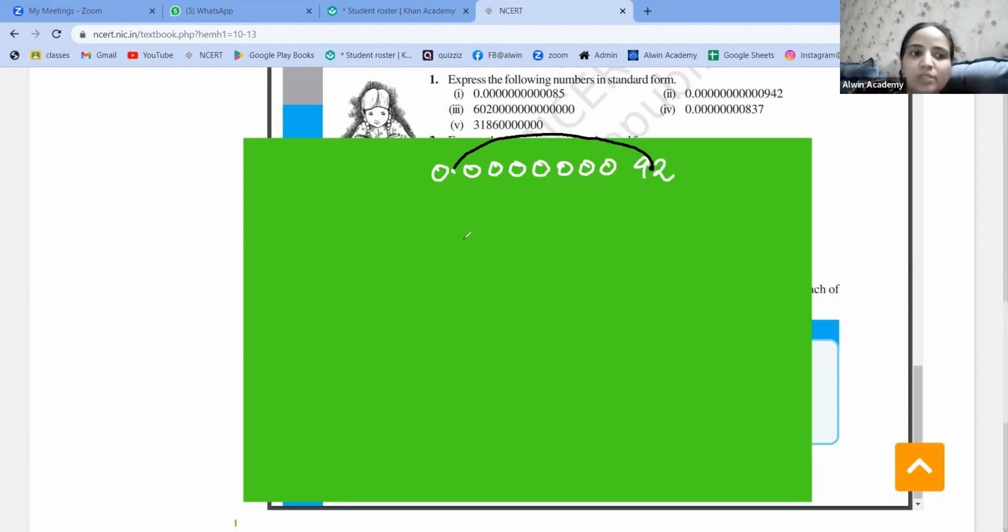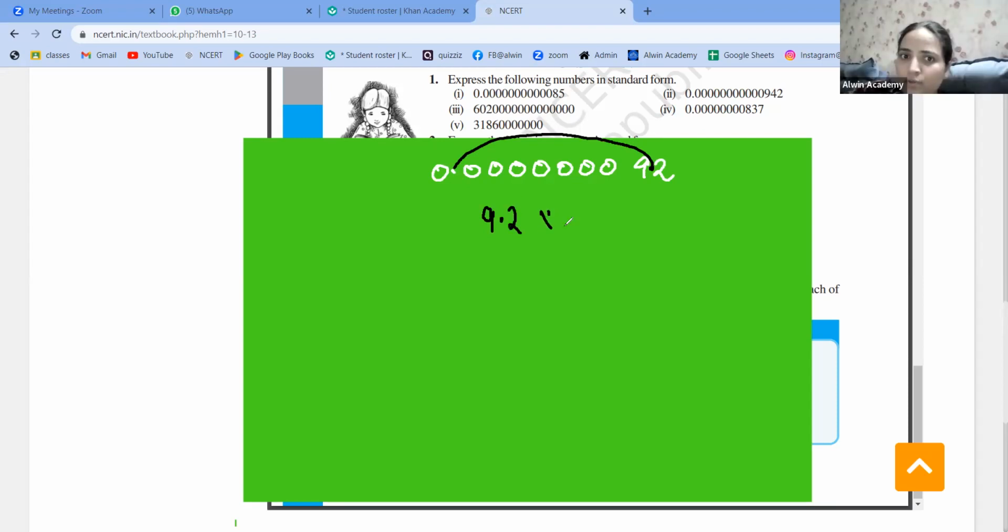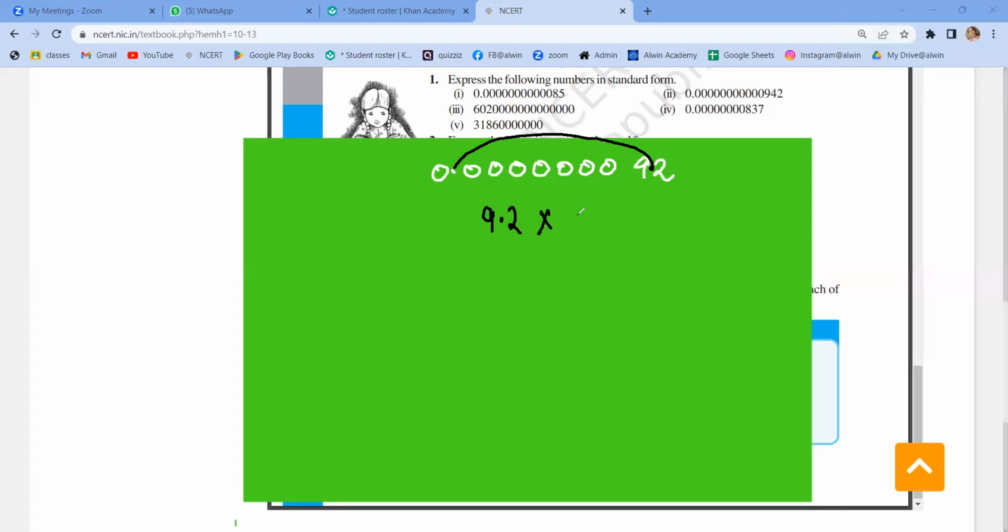Yes, Shrikant, do this. Ma'am, 9.2 into 10 power 8. No, ma'am, 9.2 divided by 10 power 8. Okay.